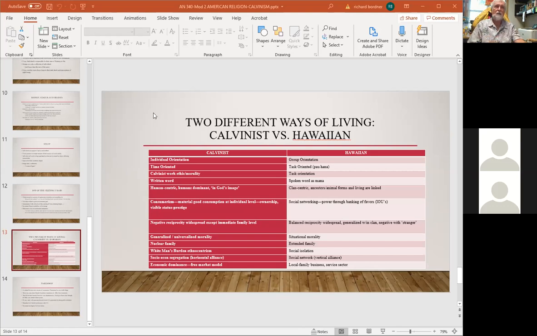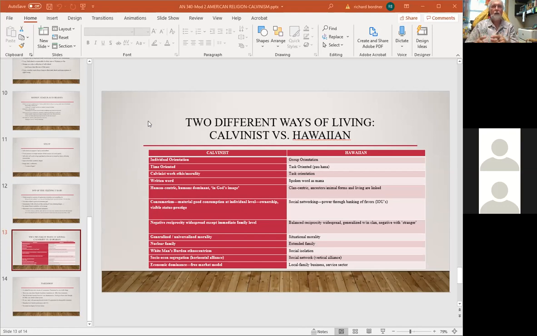And that becomes the history of Hawaiian change in the 19th, 20th century, the increasing total dominance of a Calvinist value system, not a mainstream American system, a Calvinist system.